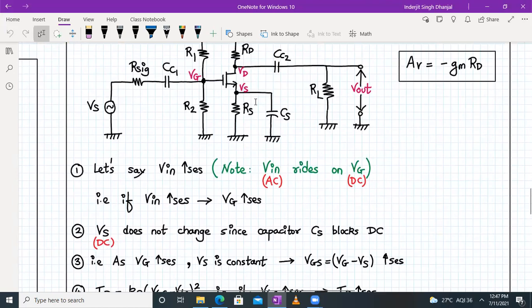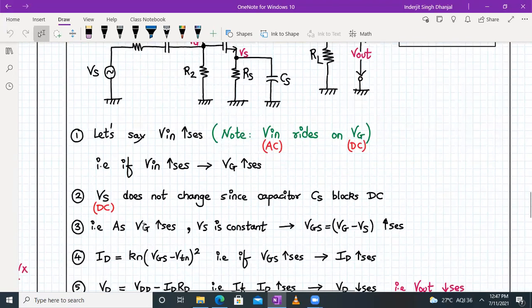Your voltage at the source, which is a DC quantity, does not change, since the capacitor CS will block the DC. So as your Vin increases, VG, the voltage at the gate terminal, increases, and your VS remains constant.